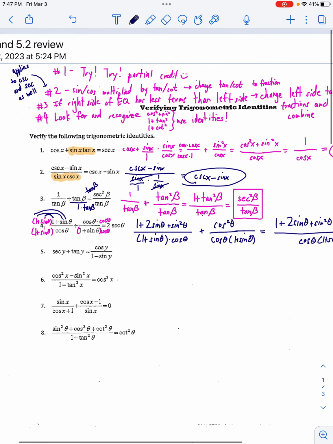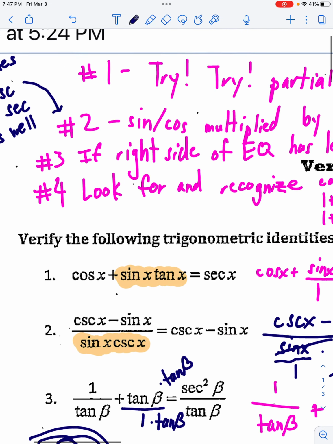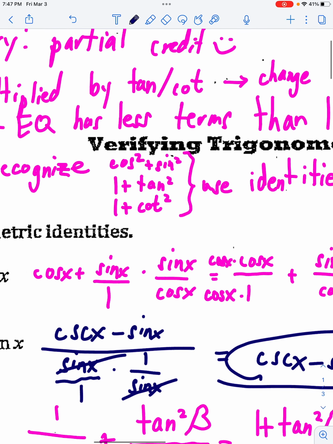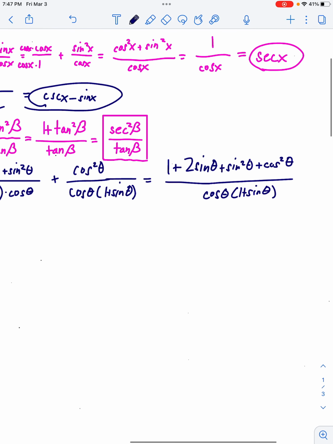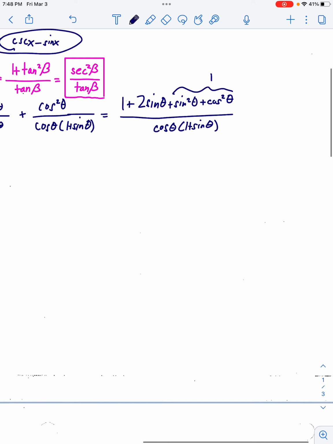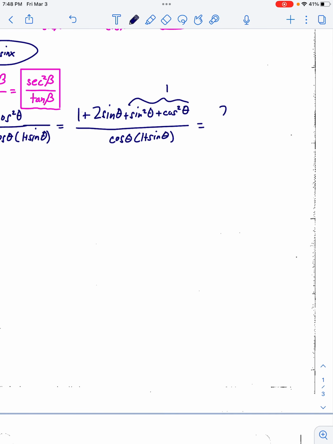So we use trick number 3. Trick number 4, right? Look for and recognize one of these 3 identities. Recognize that sine squared plus cosine squared here, okay? So then that gives me 2 plus 2 sine theta all over cosine theta times 1 plus sine theta, okay?